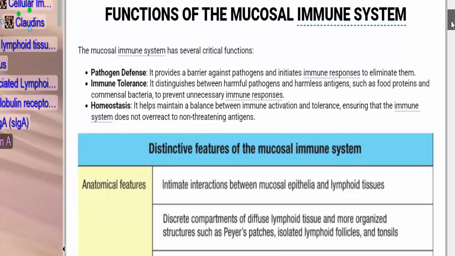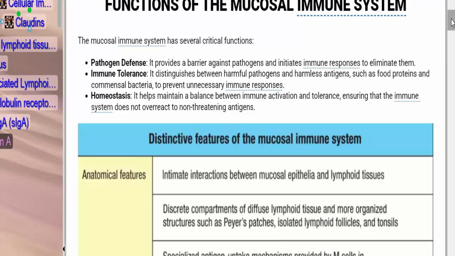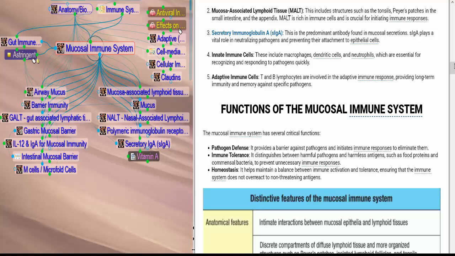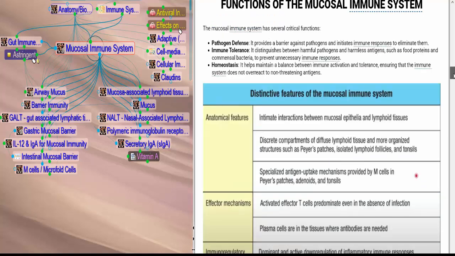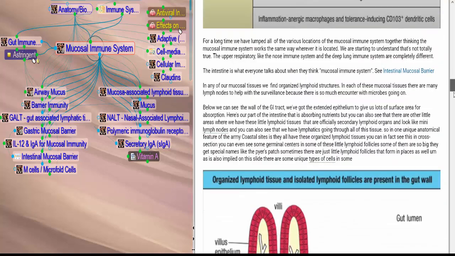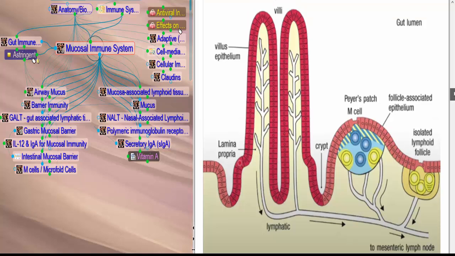It's involved in homeostasis. It helps maintain a balance between immune activation and tolerance, ensuring that the immune system doesn't overreact to non-threatening antigens.